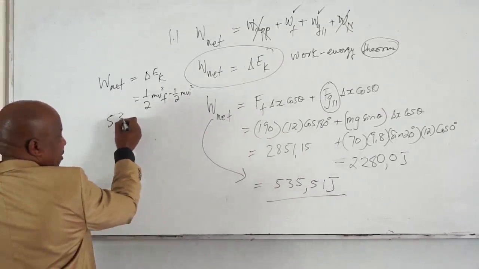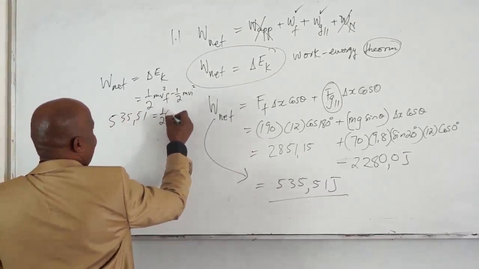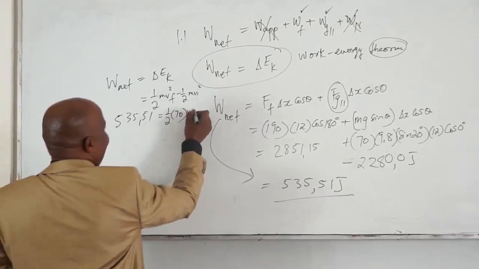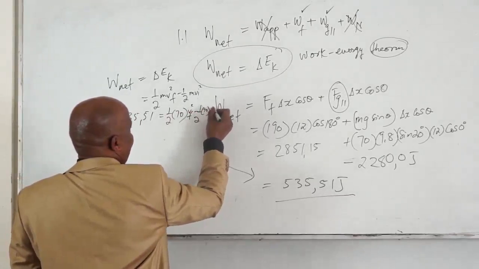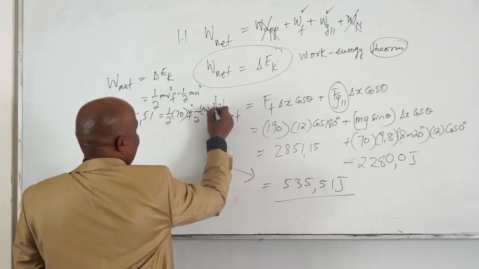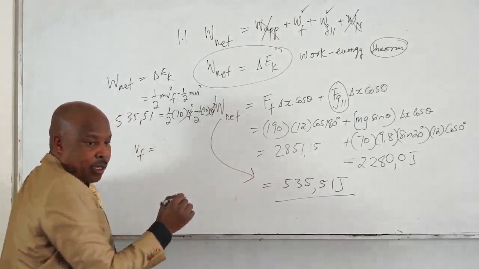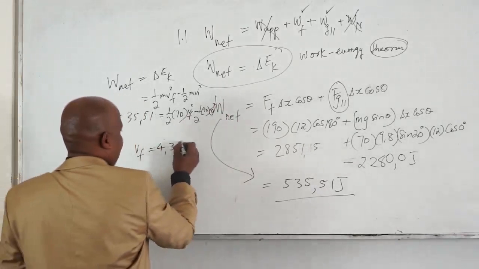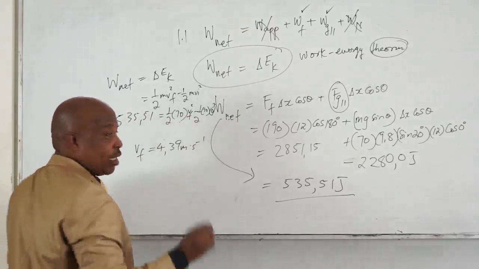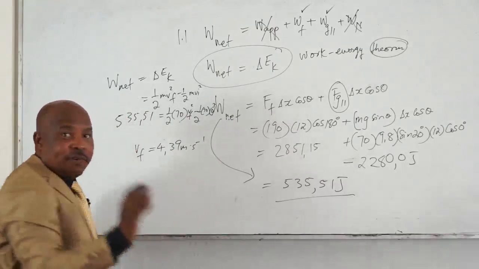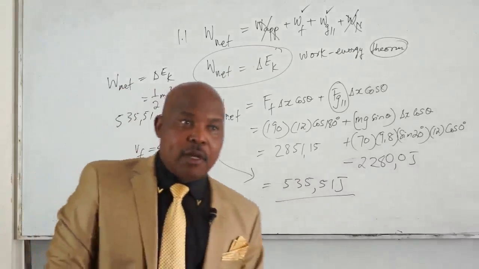We just substitute: 535,51 equals half, and then our mass is 70, and then V final squared, minus half, 70, and then this was 0 because it started from rest. So it's 0 squared. Therefore, our V final will be 4,39. Now remember, when you do this, you're going to halve 70, you get 35. 535,51 divided by 35, and then you square root because it's V squared, and then you'll get 4,39 meters per second.